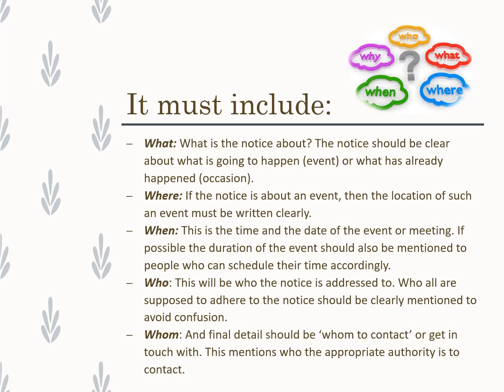This is who the notice is addressed to. Who all are supposed to adhere to the notice should be clearly mentioned to avoid confusion. Then the last one, whom. The final details should be whom to contact or get in touch with. This mentions who the appropriate authority is to contact.